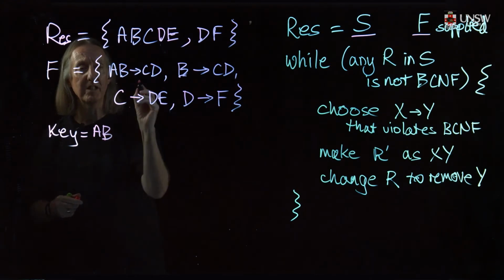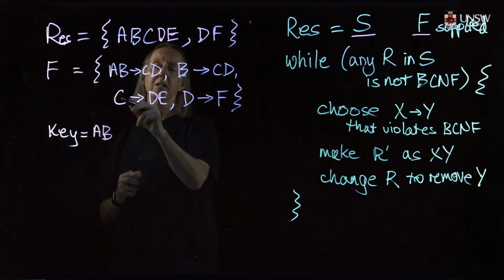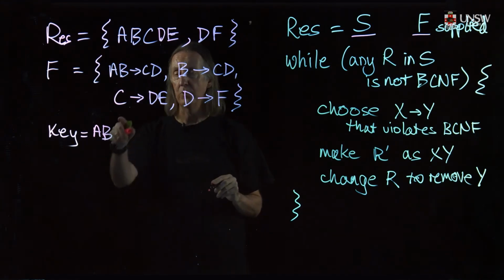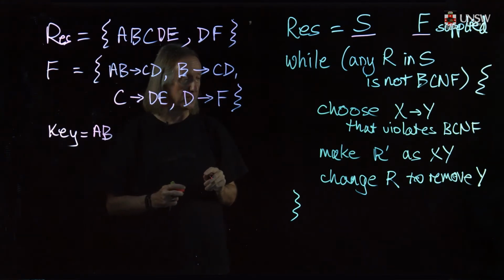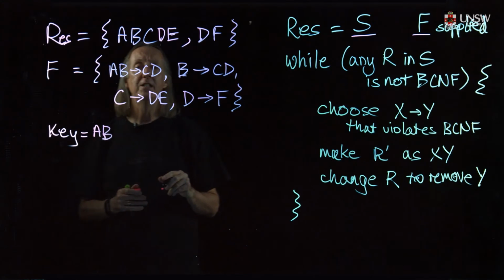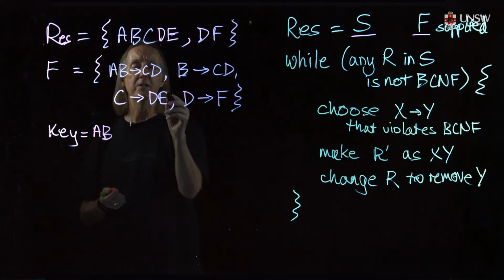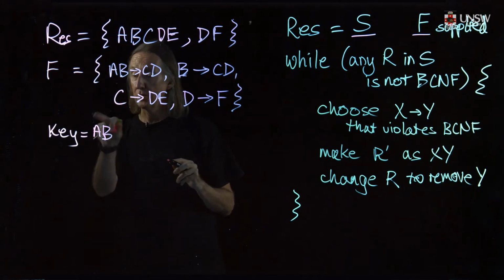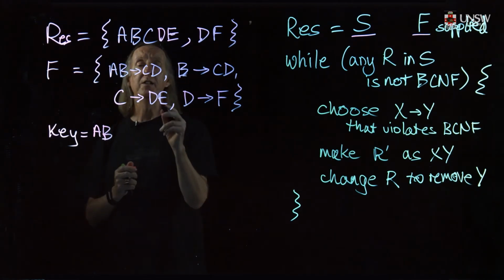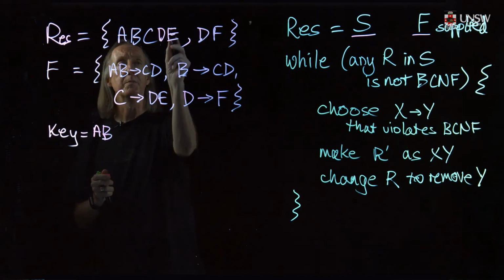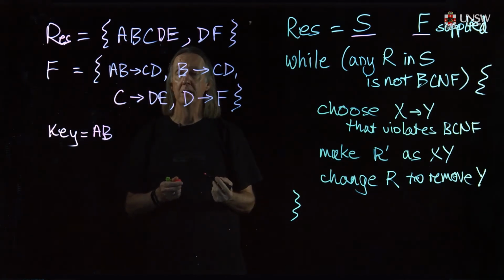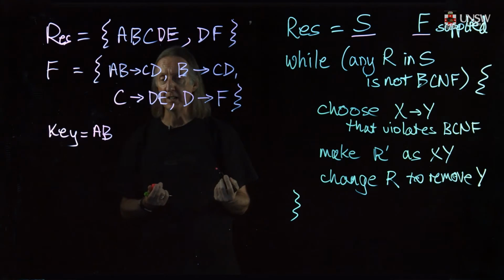Okay, so AB determines CD, C determines DE, that determines all of the attributes, so that is still the key. Find another functional dependency. Well, let's have a look at this one. This has an attribute which also isn't part of the key, so therefore this functional dependency and this schema aren't in BCNF.